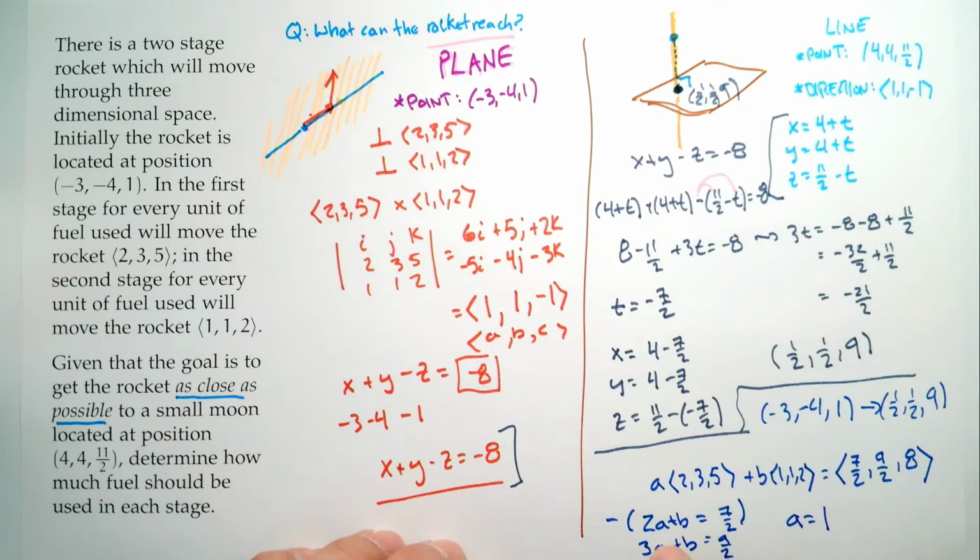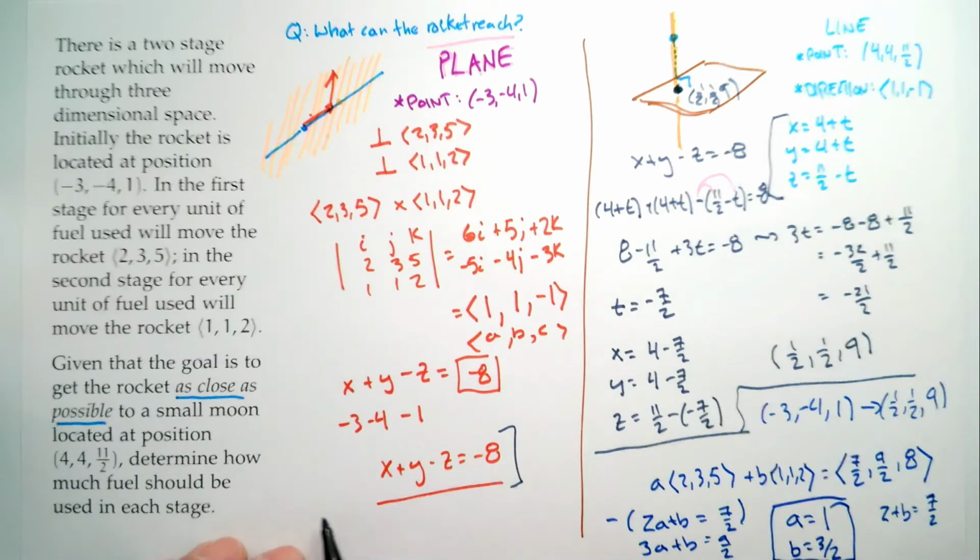Now that you know A, plug it into either one. Let's say plug it into the first one. You get 2 plus whatever B is has to equal 7 halves. So B should be 7 halves subtract 2. 7 halves subtract 2? 3 halves. And there's our answer.